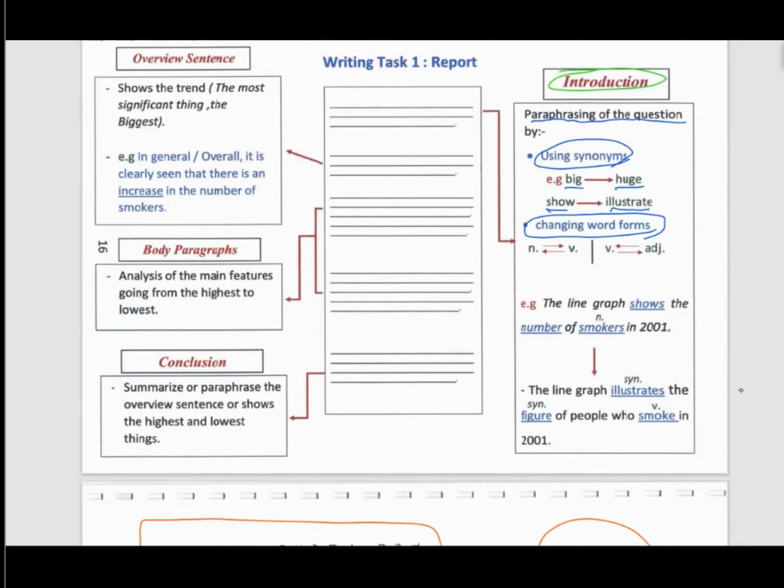So you can have synonyms for only two words from the question sentence. You don't need to have synonyms for every word. That's wrong. And you cannot have a synonym for every word because not all words in any language have synonyms. For example, the word that, it does not have a synonym.